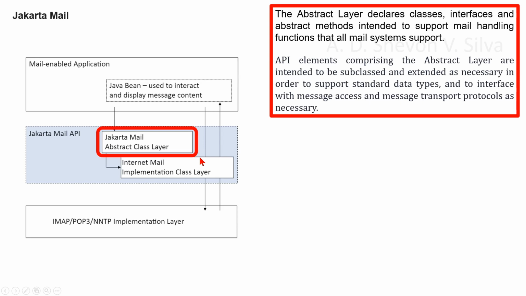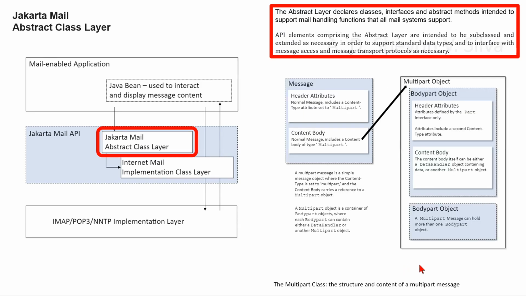API elements comprising the abstract layer are intended to be subclassed and extended as necessary in order to support standard data types and to interface with message access and message transport protocols as necessary. Here you can see the structure and content of a multi-part message.